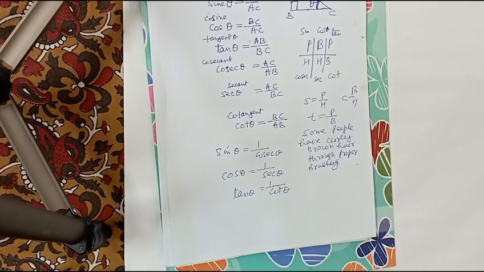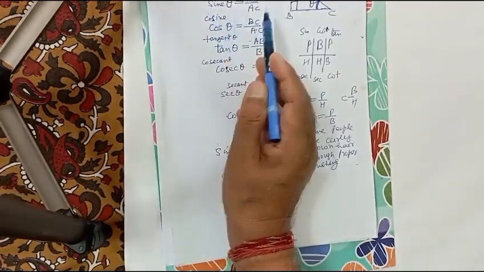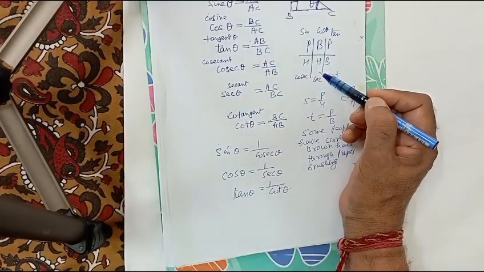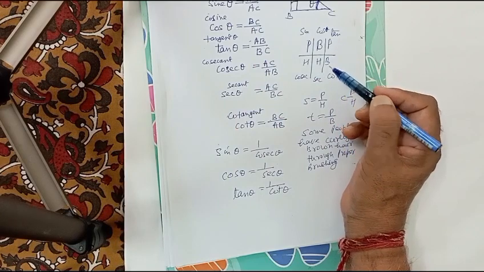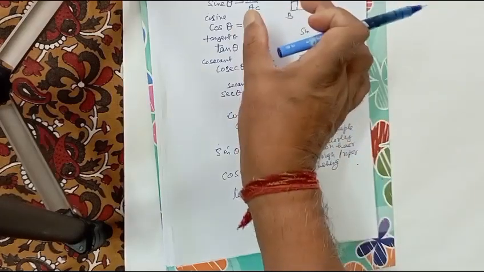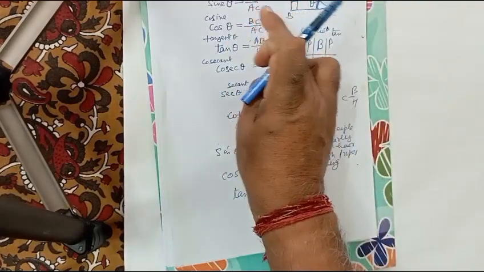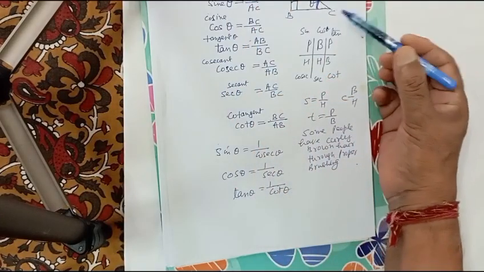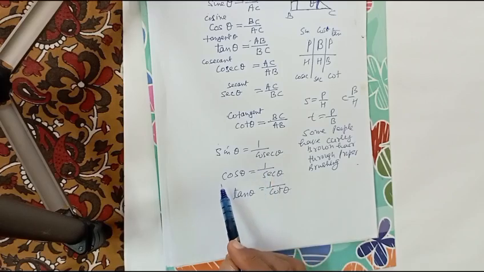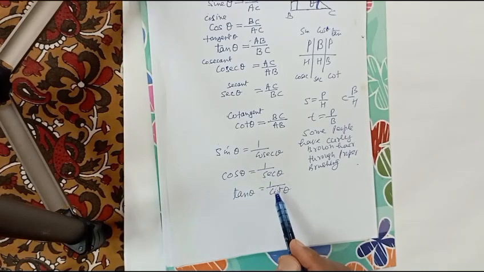Sine theta equals perpendicular upon hypotenuse, cos theta equals base upon hypotenuse, and tan theta equals perpendicular upon base. I have written this in the form of the names of the sides, taking this angle C equal to theta, and then sin theta is 1 upon cosec theta, cos theta is 1 upon sec theta, tan theta is equal to 1 upon cot theta. So you have to learn this.